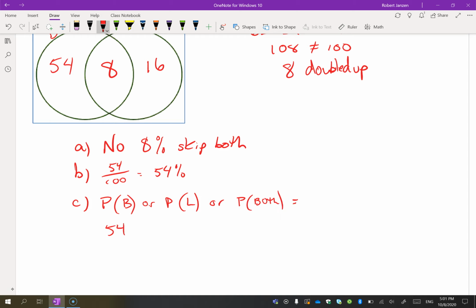So 54 plus 8 plus 16 is 78%. Okay? Now we could have done that another way. We could have said, what's 100% take away the ones that eat? Again, that gives me 78%. So that's like that don't skip, not skip.